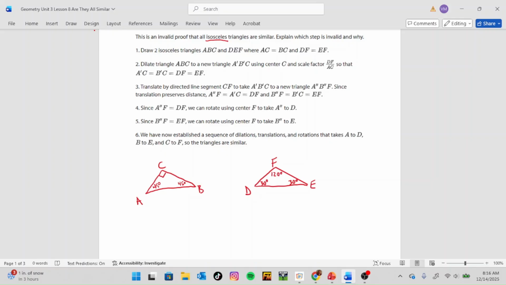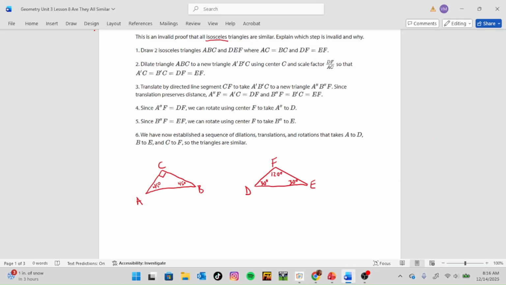Step 2 tells us to dilate the first triangle, ABC, to a new triangle, A prime, B prime, C, using C as the center, and a scale factor of side DF over side AC.